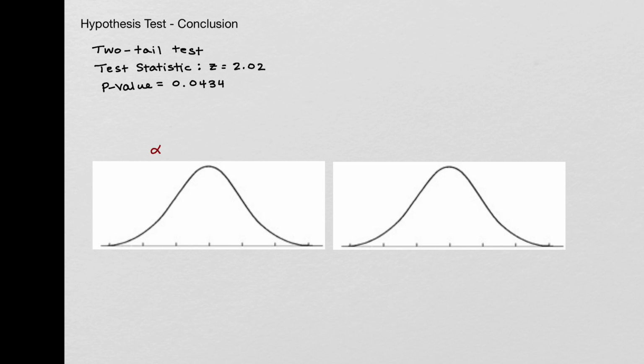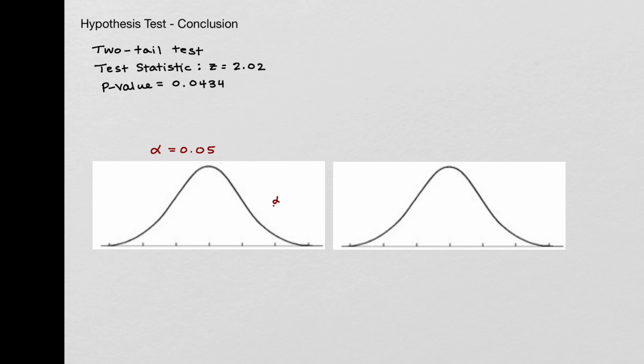And in the first scenario, we're going to say that the significance level is alpha equals 0.05. Because this is a two-tailed test, that means we're going to split the alpha between the two tails.